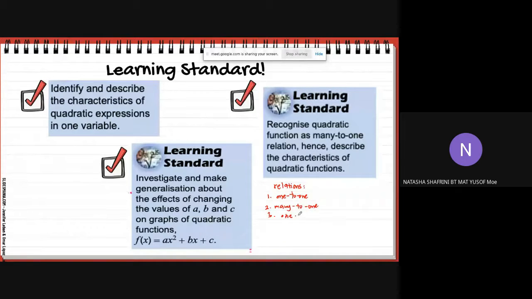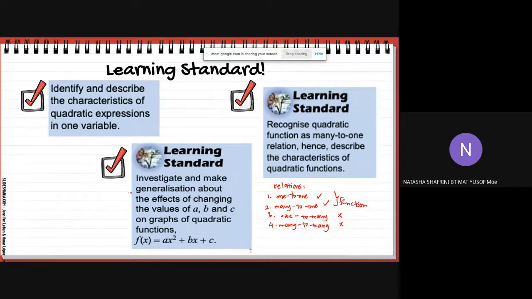Boleh je buka mic, boleh nak jawab. So daripada 4 types of relation, hanya 2 ini sahaja what we call as function. Dia boleh masuk sebagai function, yang ni tak boleh, bukan function.